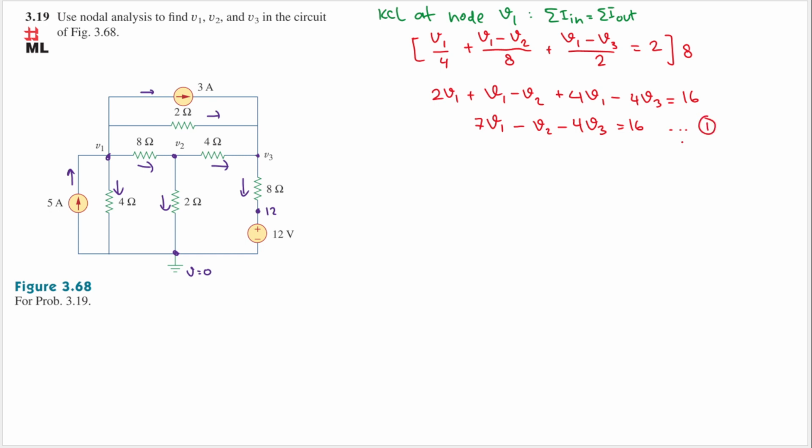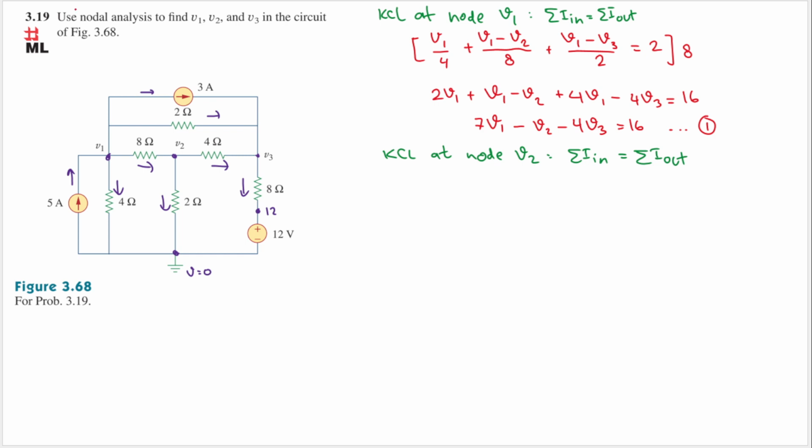Okay, good. Now let's do another KCL, but this time at node V2. KCL said that the sum of the current that goes in will equal to the sum of the current that goes out. And the only current that goes in is this one here.